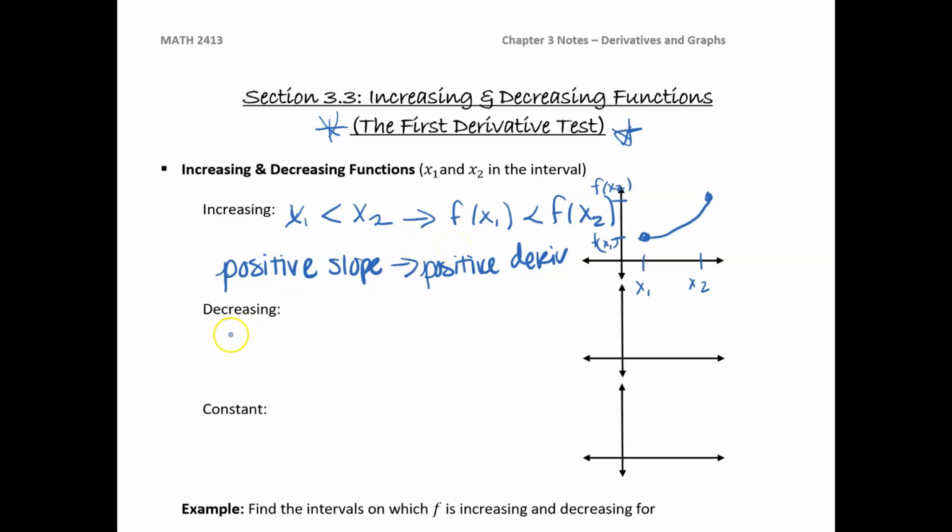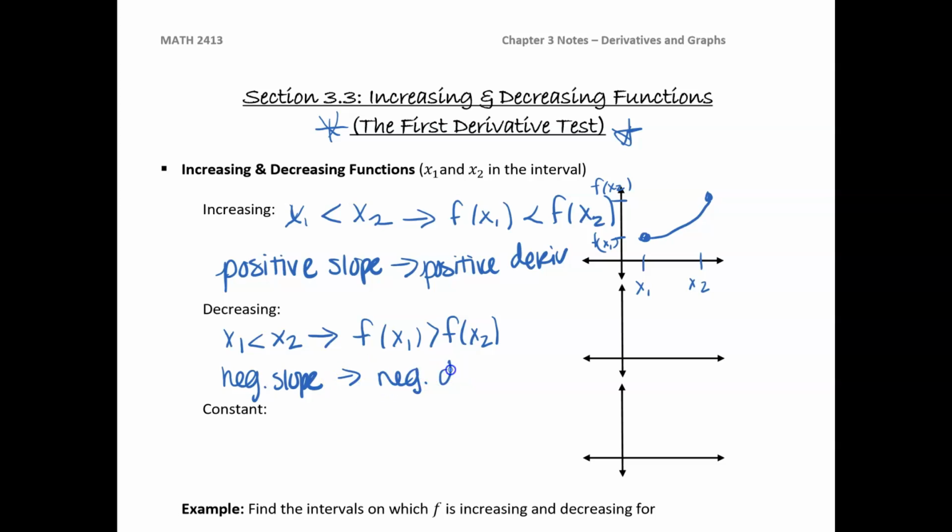On decreasing, if you have x1 less than x2, so as your x's are going up, then the reverse: f of x1 is greater than f of x2, because it's going downward. Again, we're talking about negative slope.